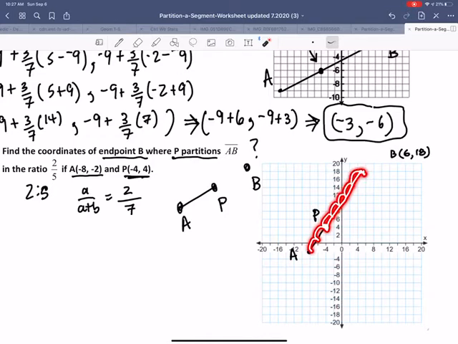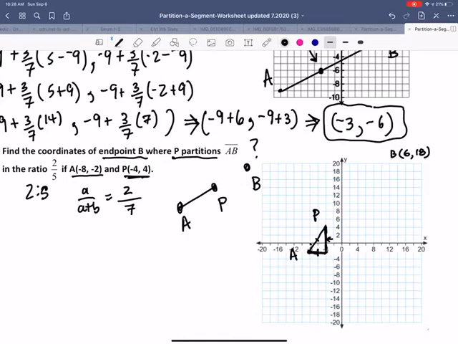Okay, so we've got to cut this journey into 2 pieces. So this was easy, right? We just had 2. This was a little harder. I went from -2 to +4, right?